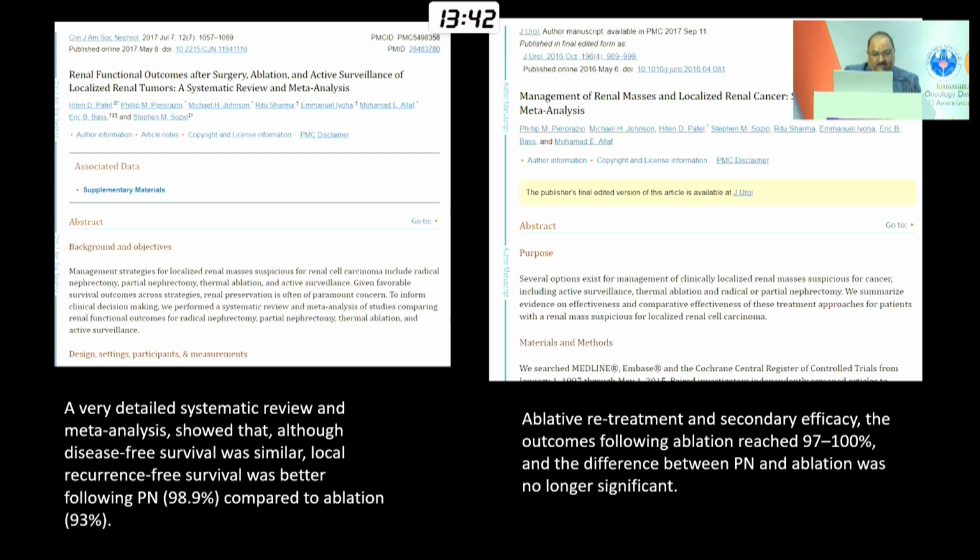It suggests that disease-free survival was similar, and local recurrence-free survival was better following partial nephrectomy, though not significantly higher compared to ablation. However, when considering ablative retreatment and secondary efficacy, the outcome following partial nephrectomy and ablation was very comparable.